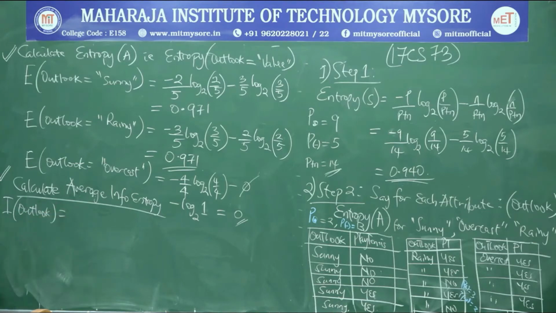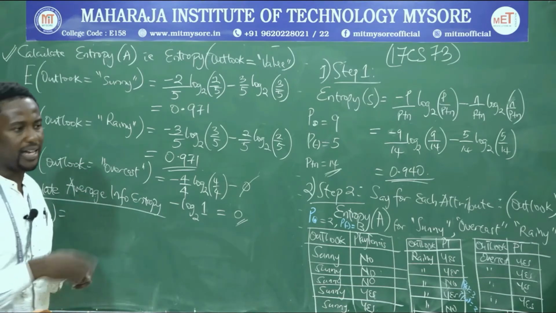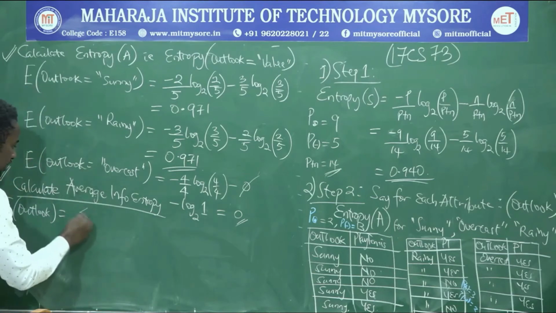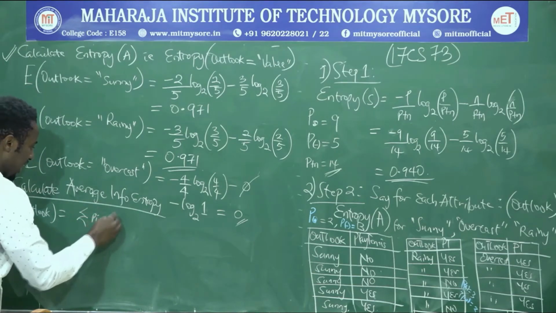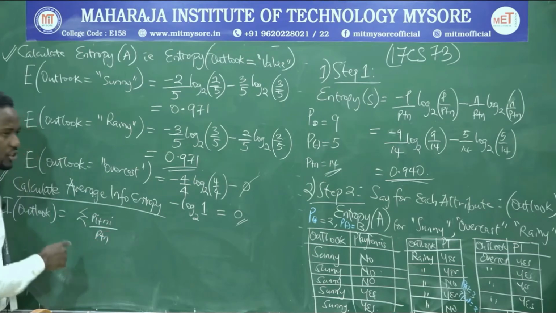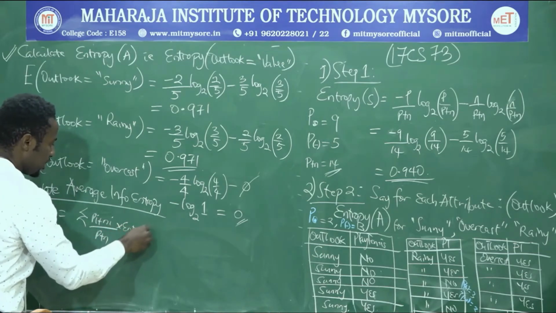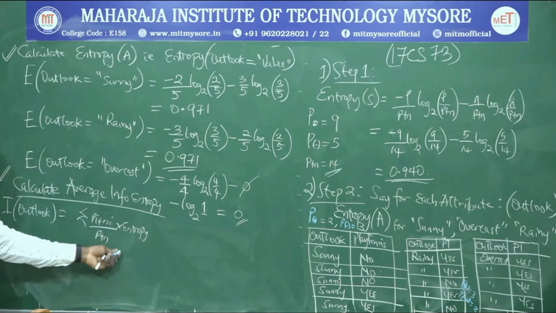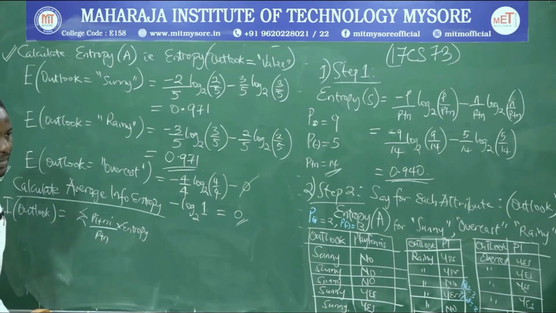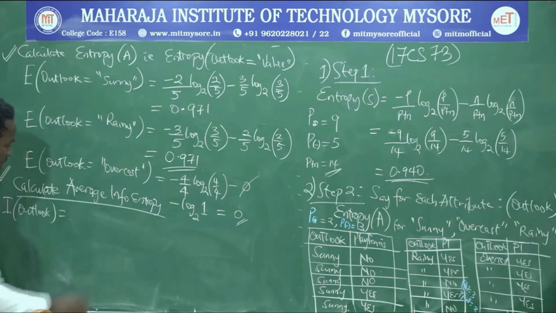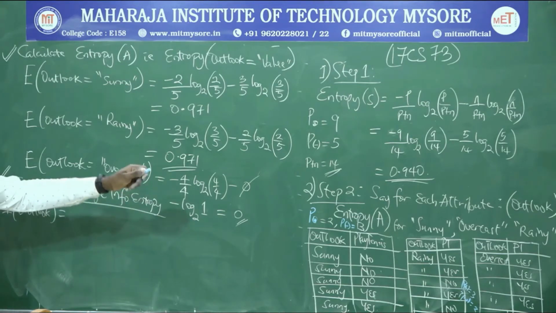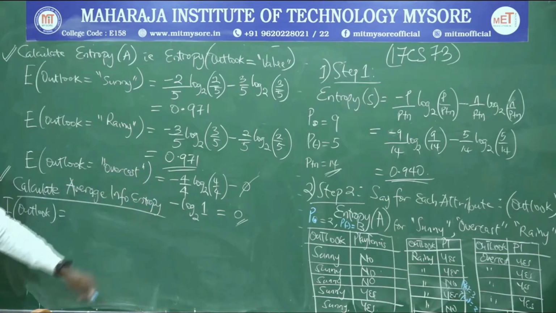I of outlook equals what? We saw the summation sign. Summation of Pi plus Ni upon P plus N into the entropy, right? Do you remember this? So we have to expand this now. Let's expand this formula. This becomes P of what now? Sunny, rainy, and overcast, right? So we are adding them.